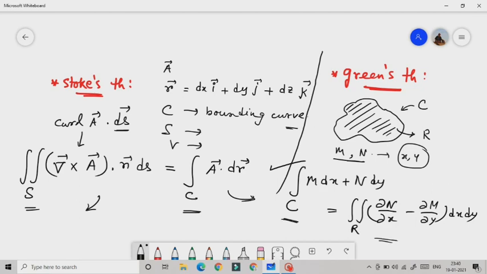Whatever surface we are considering, the bounding region is denoted R here. These are the basic theorems, and one needs to know the formulas of Stokes theorem, Green's theorem, and the divergence theorem, and after that you can easily use these theorems to solve problems.